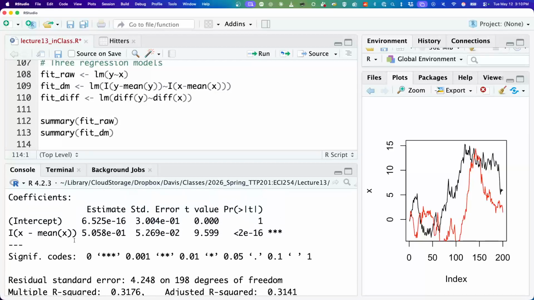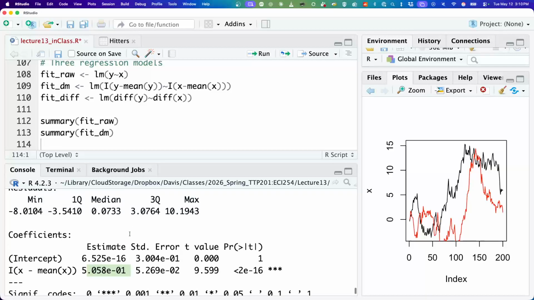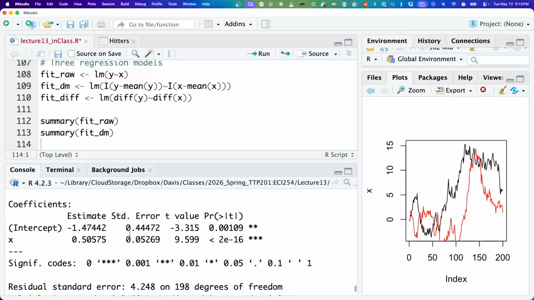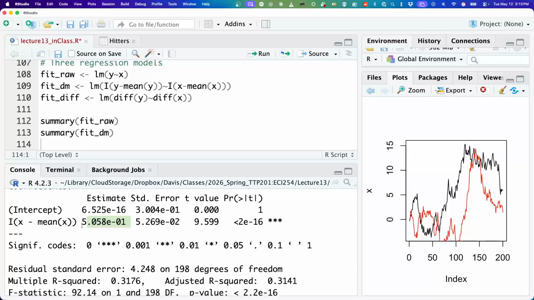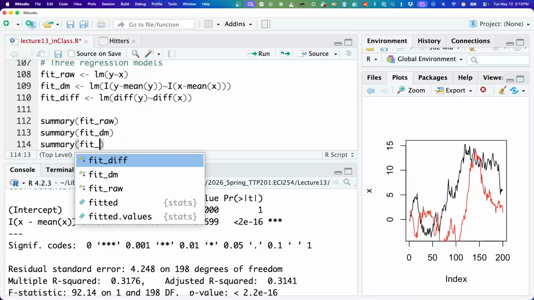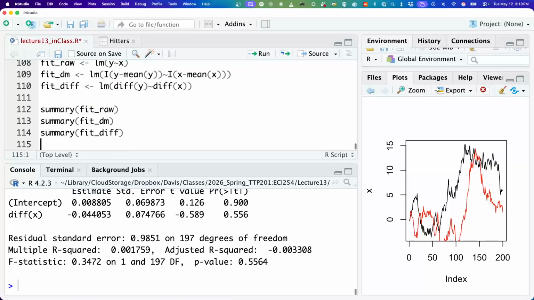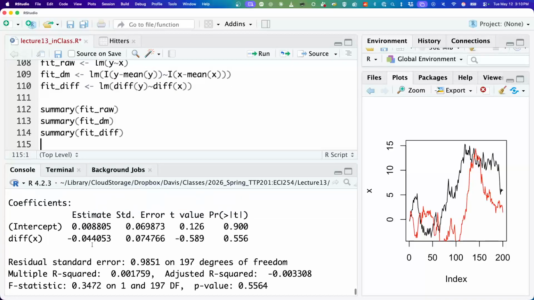Here again, we have an almost identical relationship, 0.505, similar r squared, even though we know that they're not related. And then when we do the difference, we can actually see that there's no relationship between x and y.